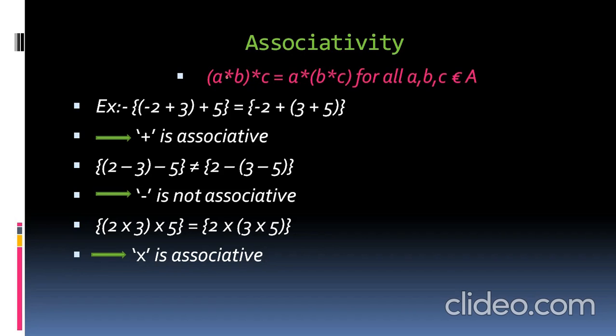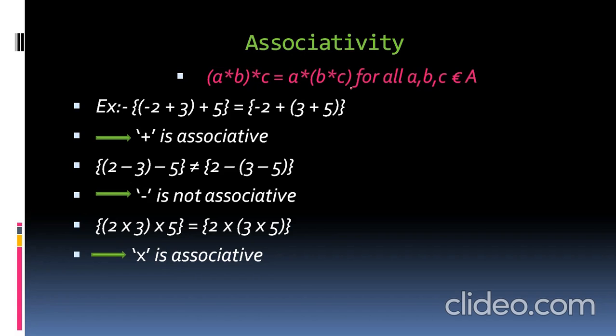That means that if we apply binary operation on A, B first and then we apply binary operation on result of A star B and C, we get the same result as if we apply the operation on B and C, and then we apply the operation on A and result of B and C.